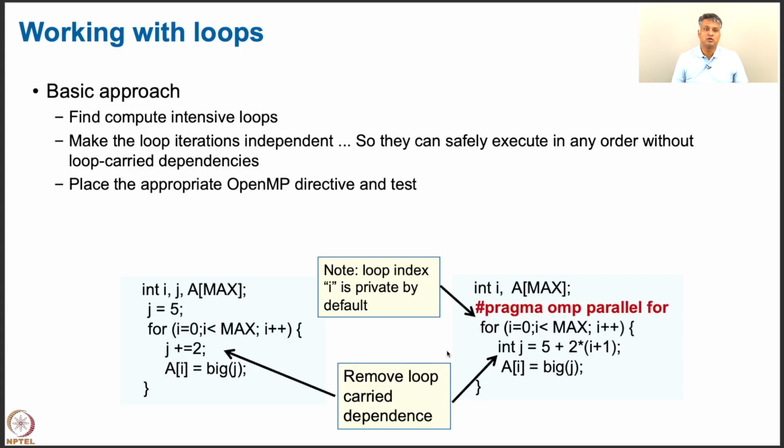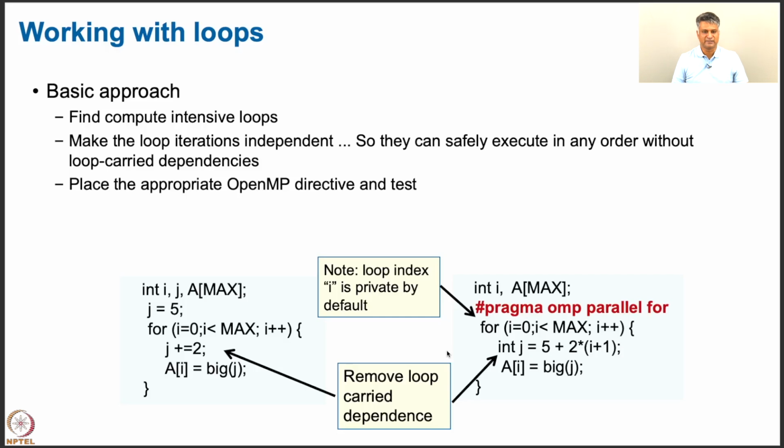We try to make the loops iteration independent, in the sense that each iteration of the loop should not depend on the calculation of a previous iteration. If this is done, there are no loop carried dependencies, and then you can safely parallelize it without any issues. And then we place the appropriate OMP directive and we test it.